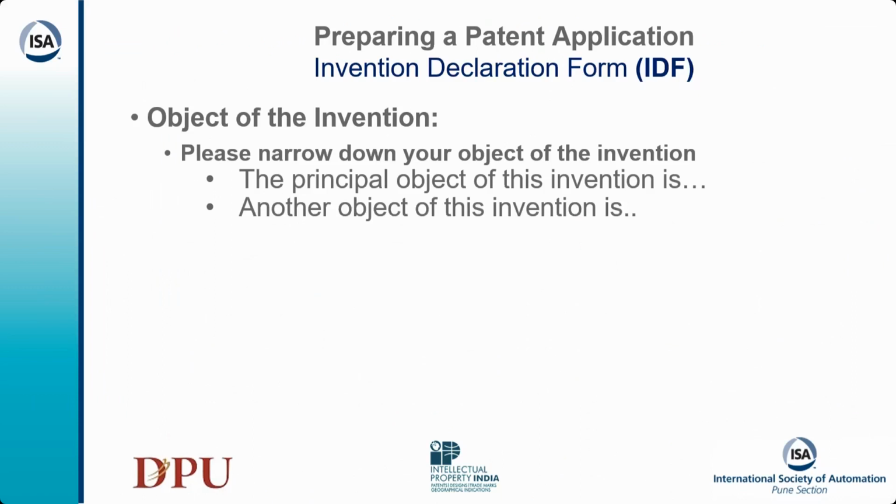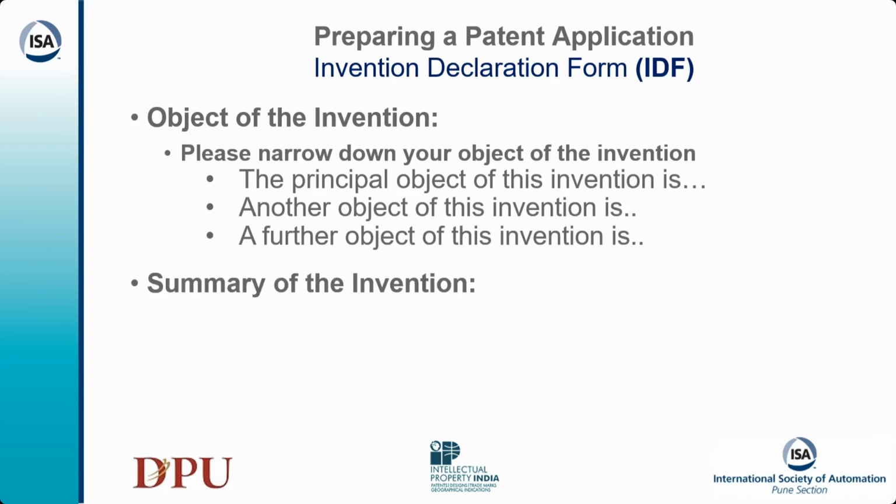Then second is another object of the invention is. Again, what is the another object of the invention? That we have to mention. Then further object of the invention is, like that. Then yet another object of the invention.